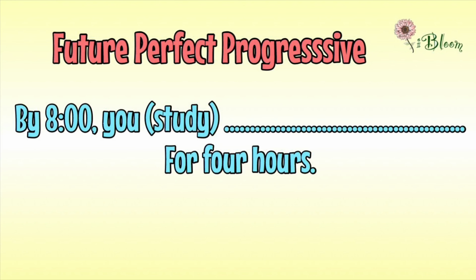Now, can you use the future perfect progressive in this sentence? By it, you study. What can you do to the verb here? For 4 hours. You're talking about time duration.